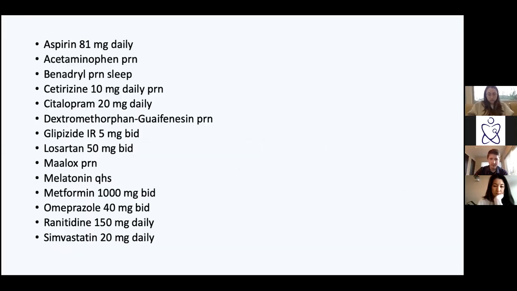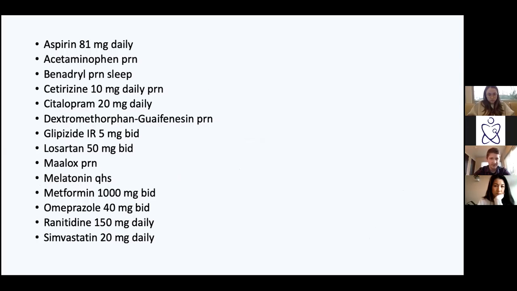So we go to her med list and go through it. So she takes an aspirin. She takes Tylenol. She's been taking Benadryl as needed for sleep. She takes cetirizine. Unclear how often she's taking that. She takes citalopram. She takes dextromethorphan guaifenesin for cough.